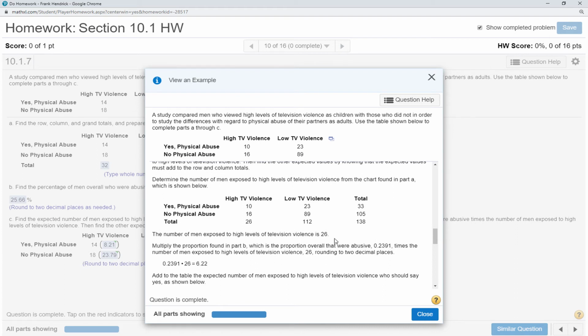So the number of men exposed to high violence is 26, times the proportion of men who are abusive overall, 0.23. That gives me 6.2 there.